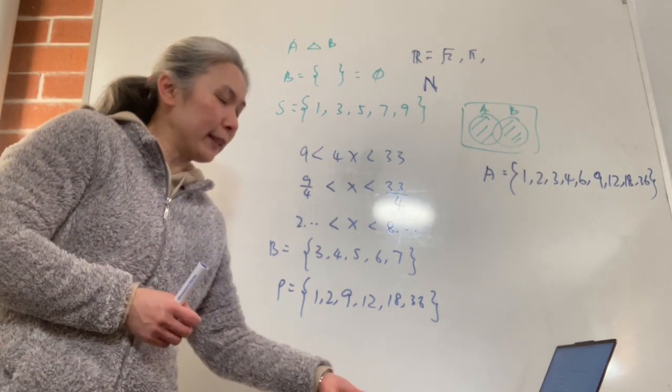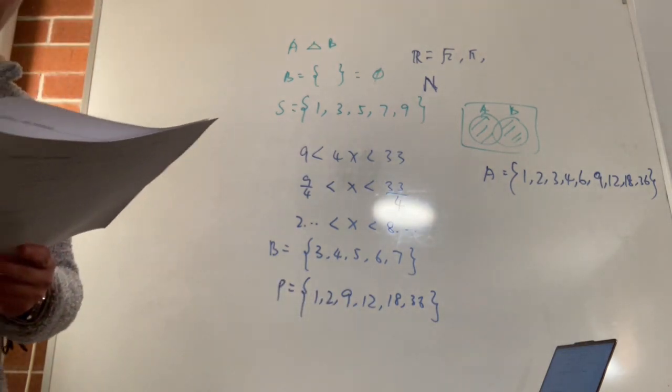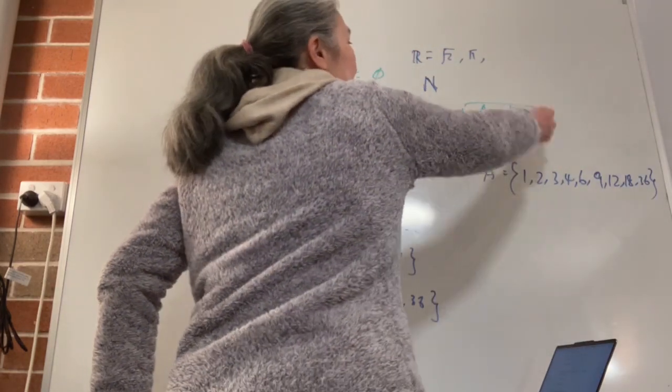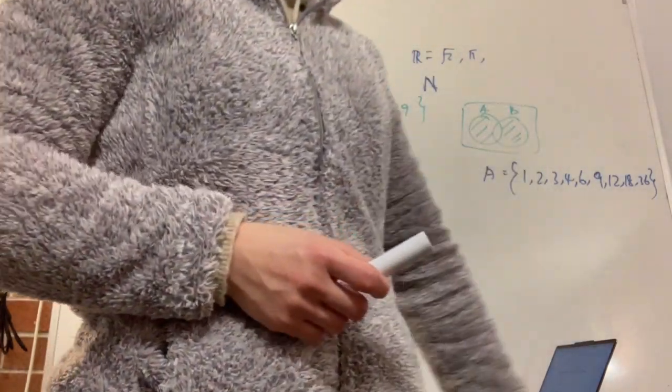I might skip some questions and let you try them out as homework. So try 2. X is a multiple of 3. Does it make sense to you? Tiny symbol. What is epsilon? Epsilon normally in a Venn diagram means everything. You can think of it as everything.